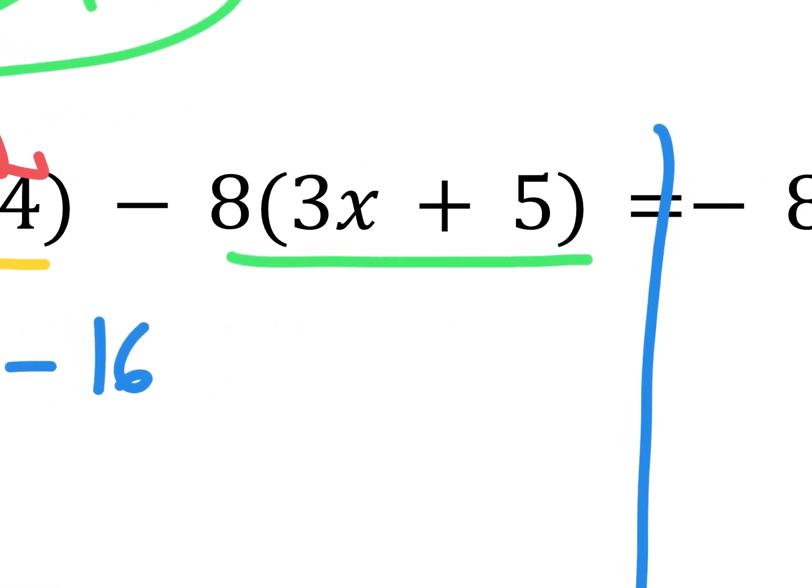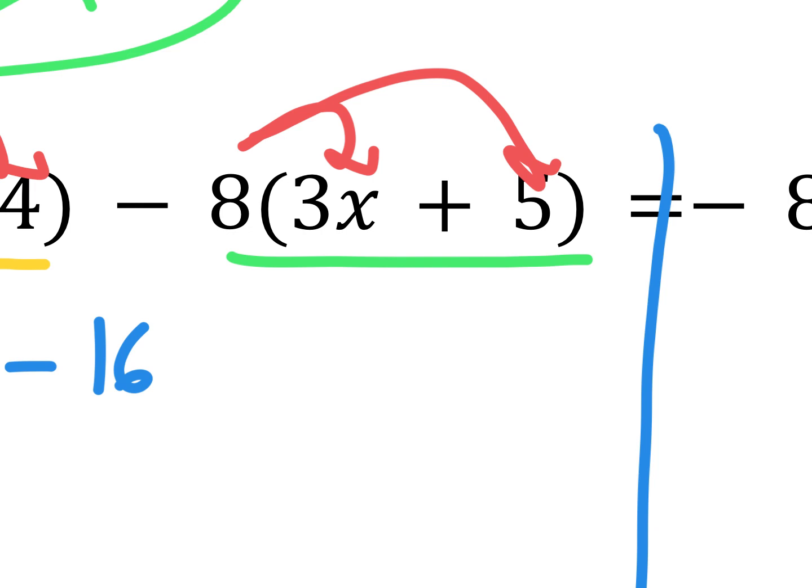Moving to the second parentheses, I'm distributing the 8. And notice I have a minus sign in front of the 8 that I'm distributing. So I'm actually distributing minus 8 or negative 8, depending on how you say it.